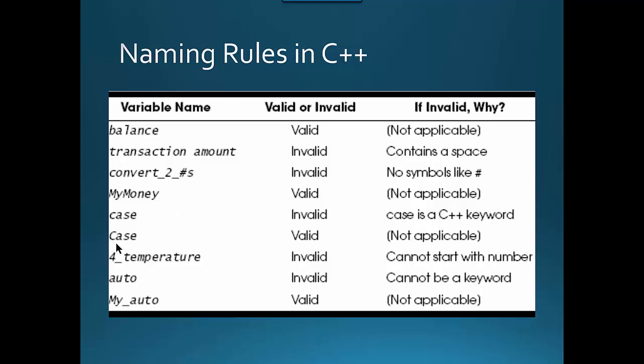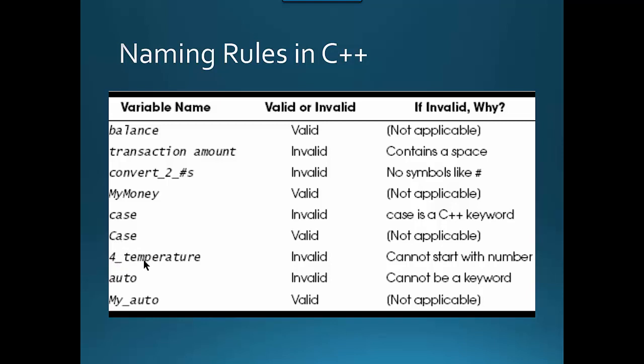Case is valid with a capital C because C++ is case sensitive, so it's going to treat the capital C Case as different from the lowercase c. So there's a keyword which has a lowercase c, but there isn't one which has an uppercase C. So you could do that. Although, again, I prefer my variable names to start with a lowercase. If there's a function name, that might make sense.